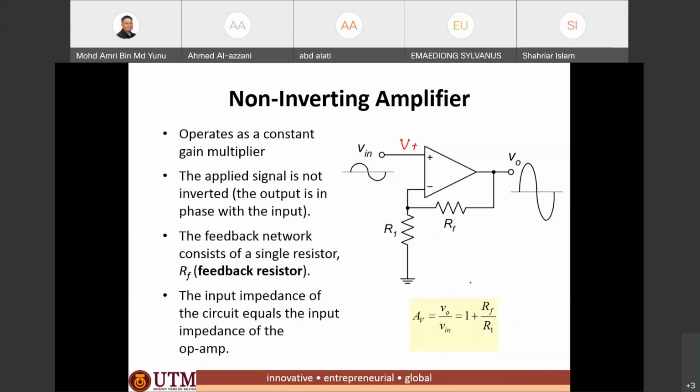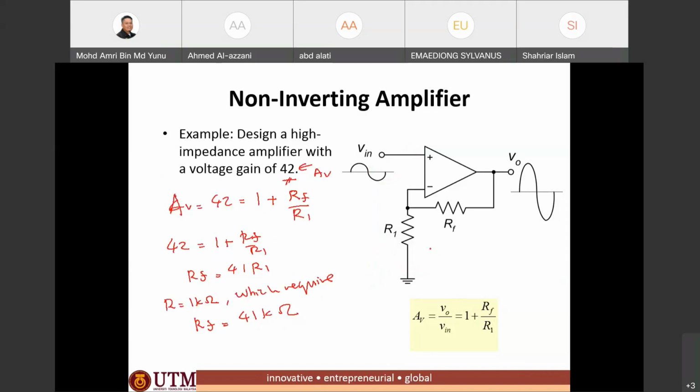The input impedance of the circuit equals the input impedance of the op-amp. So the input impedance Z in here, for an op-amp, is very high, effectively infinity ohm.